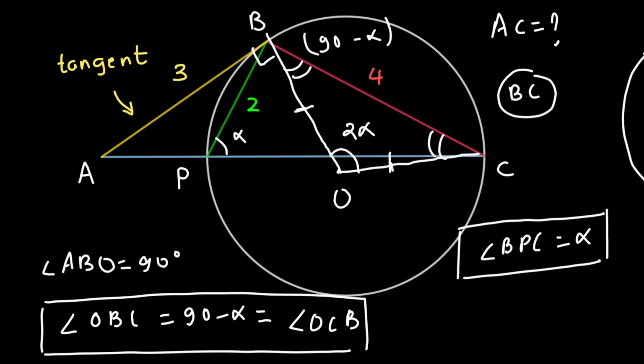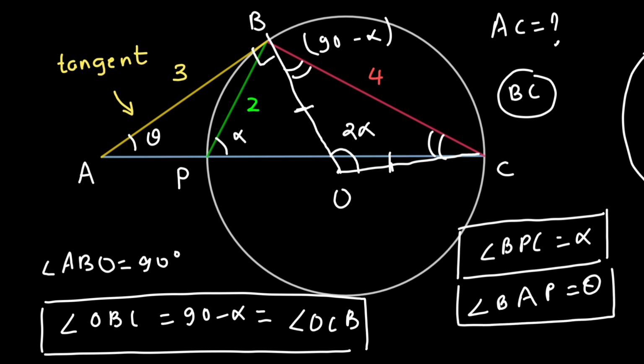Now we can see that in this particular diagram we have marked most of the angles except this one. So what I will do is I will simply mark this one as another variable, let it be equal to theta. So over here this angle is theta, that is, I have taken the angle BAP as a variable theta, okay? I have just let this particular angle be a variable.